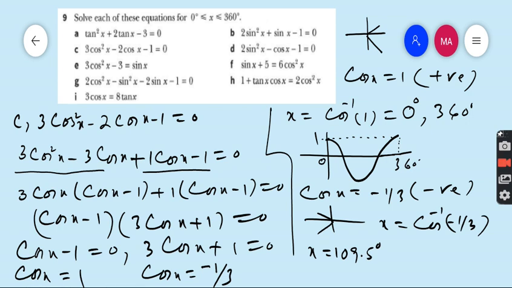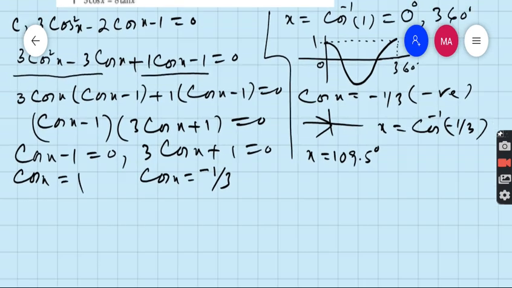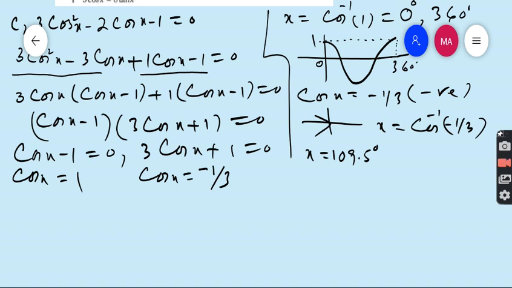And for the value in the third quadrant, we must find the basic angle. How to achieve this? Subtract this 109.5 from 180. 70.5. This is the basic angle.